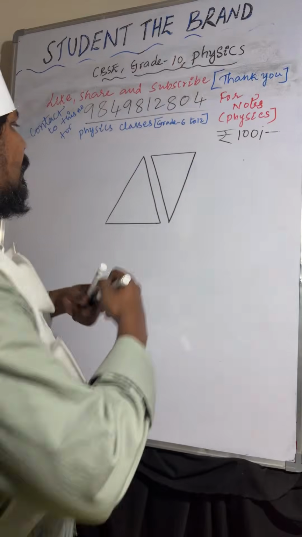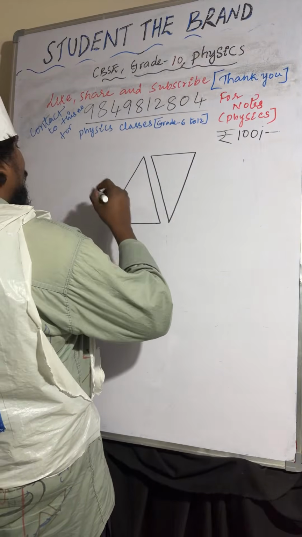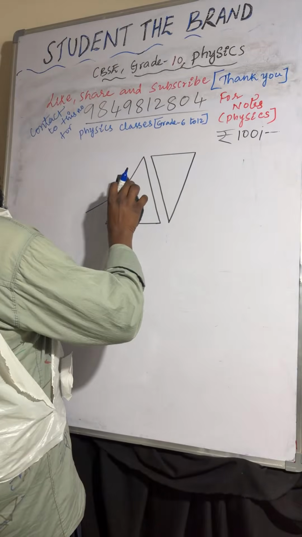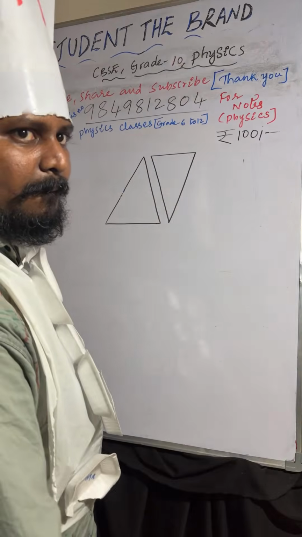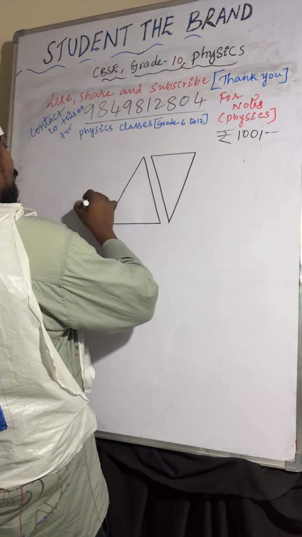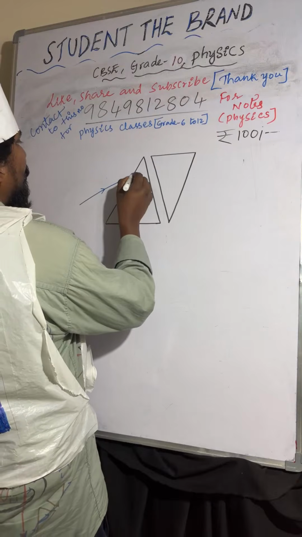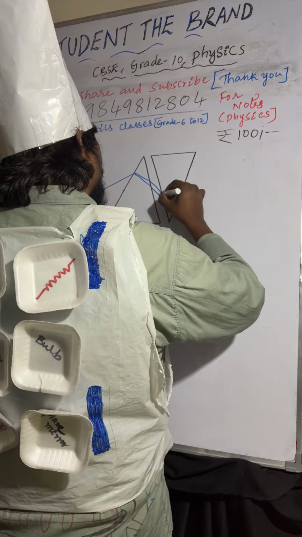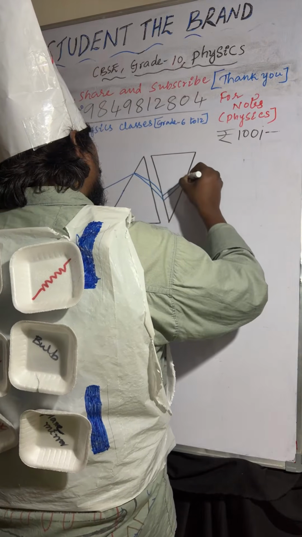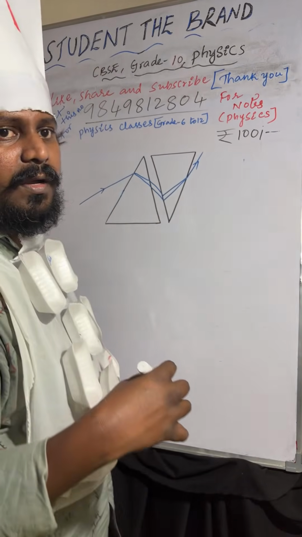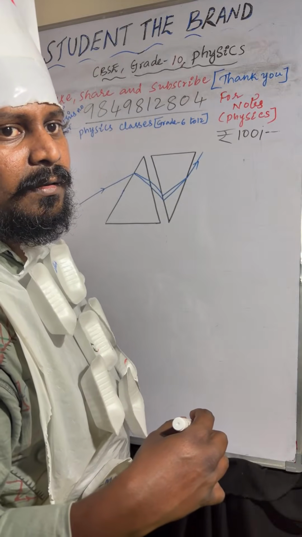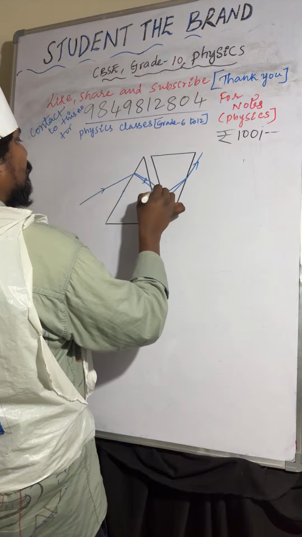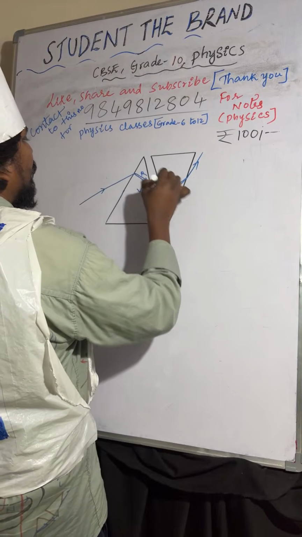Then if you send the white light, okay, here you can observe: violet and red, violet and red.